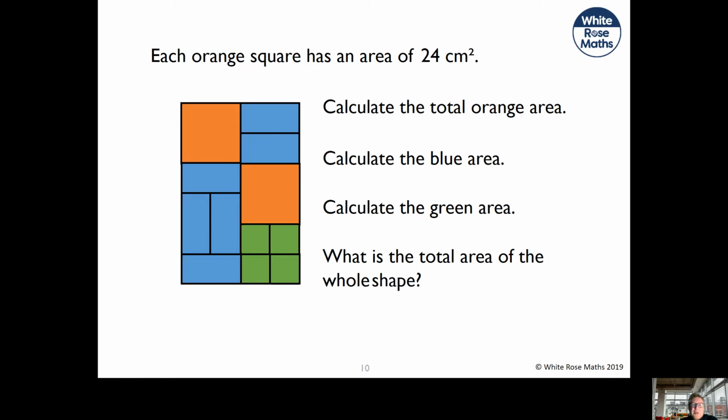In this one, each orange square has an area of 24 centimeters squared. So do these things. Calculate the total orange area. Calculate the blue area, and the blue area does have some relation to the orange, if you have a look. Calculate the green area, and what is the total area of the whole shape?